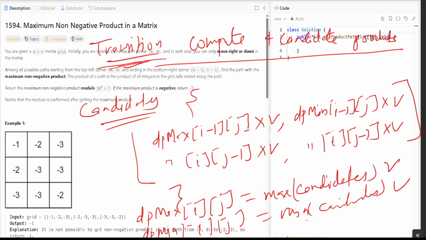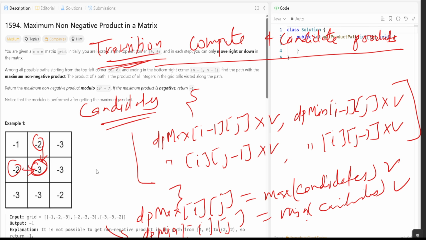The only thing we have to use is what comes from the up and what comes from the left, so from the 4 conditions you will use these 4. So why do we need to track the dp min? Because we have to take the most negative value.